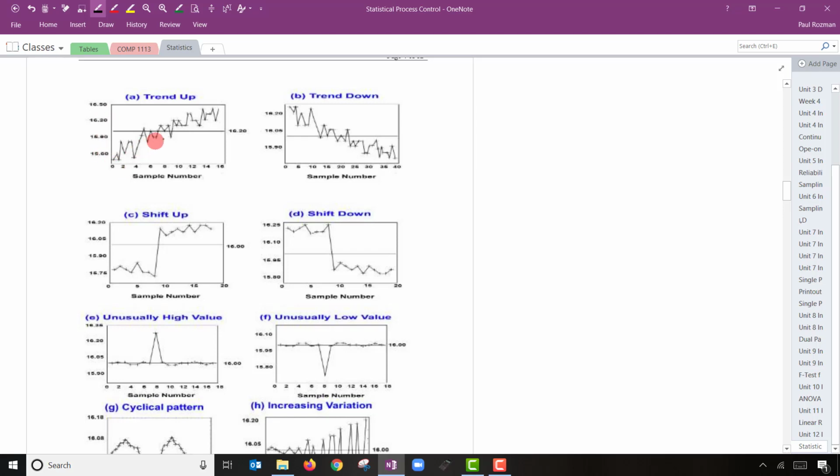Trending up means that something is not running the way you expect it to. The bags are getting more and more full over time. Maybe the hopper that pours the cement into the bags is spring loaded, and over time that spring is wearing out.